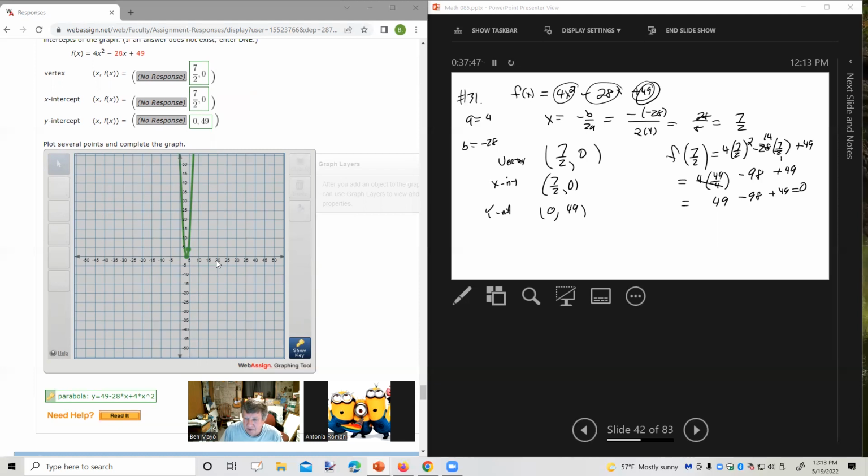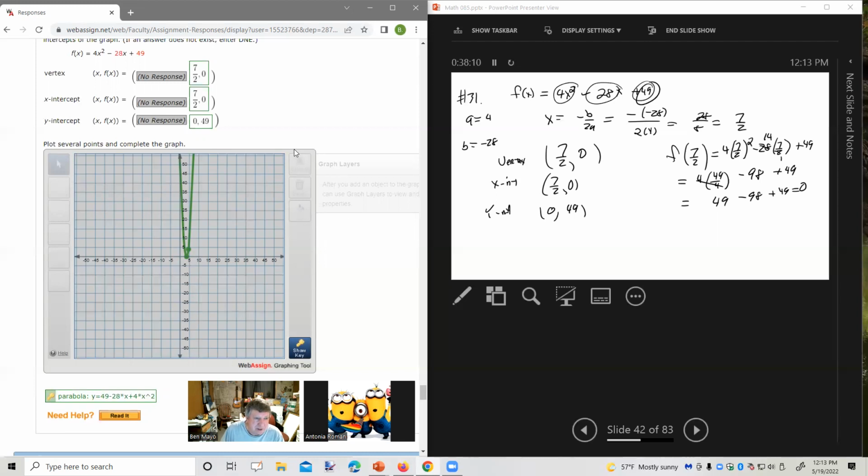Now 7/2 is, what is that? 3.5. But again, it's not going to let you graph that by just clicking on it. So you're going to have to click on it and then come over here and click to open it up, where you can type it in on the actual ordered pair.